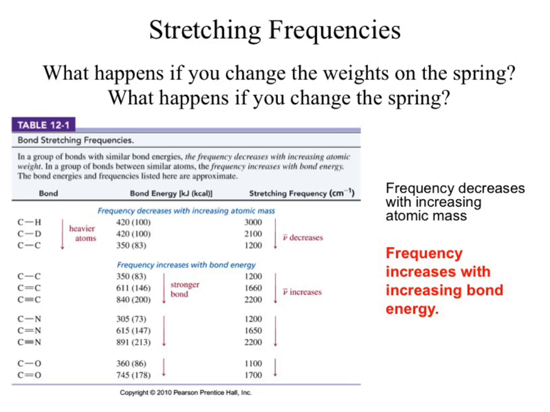Yes. So what we're looking at within this table is trying to pick out some common patterns. In this first case, what's happening? We're changing the mass of one of the atoms. As we increase the mass of that atom, what happened to our frequency? It decreased. So we have a trend there.